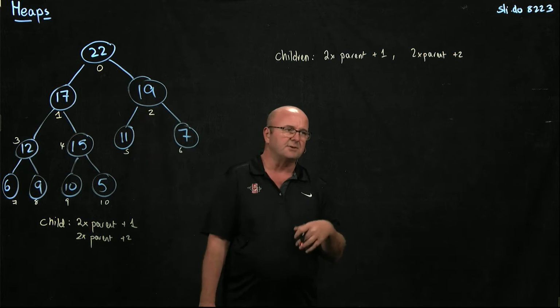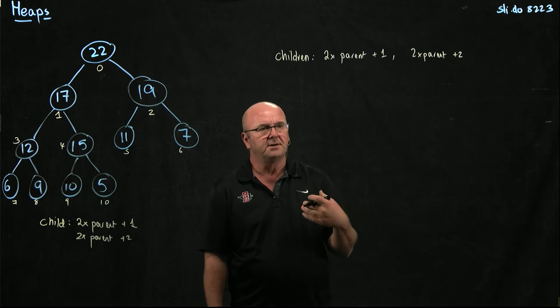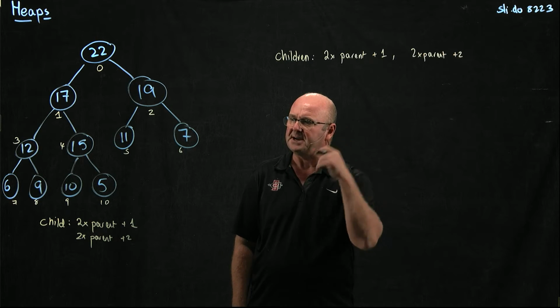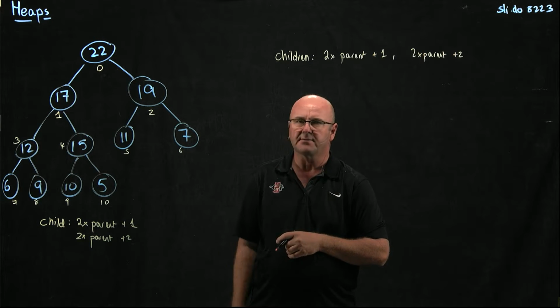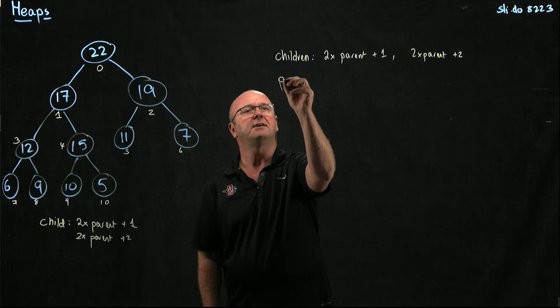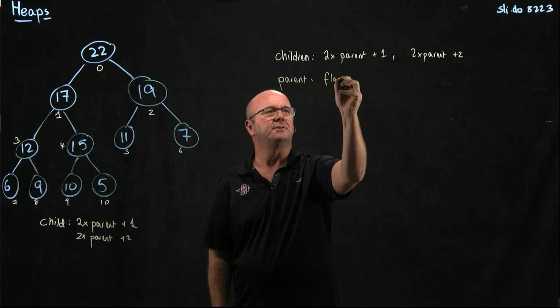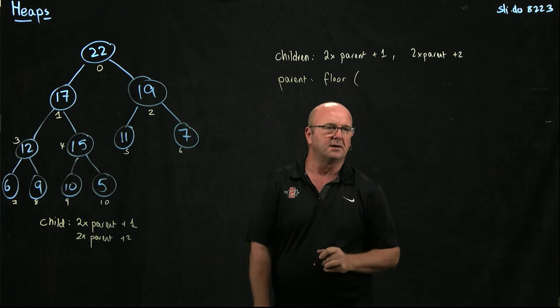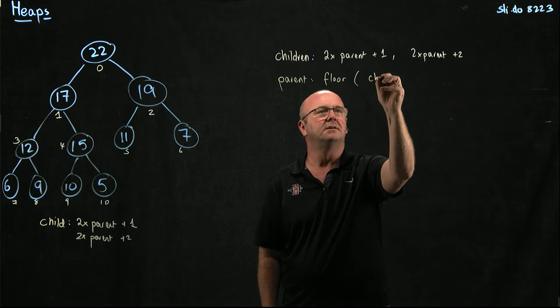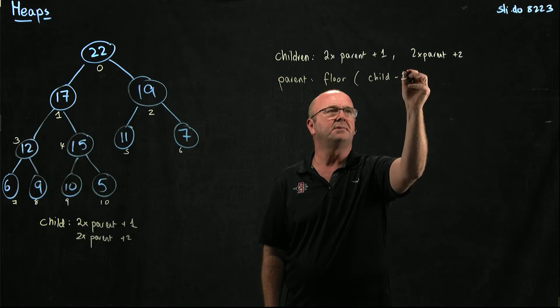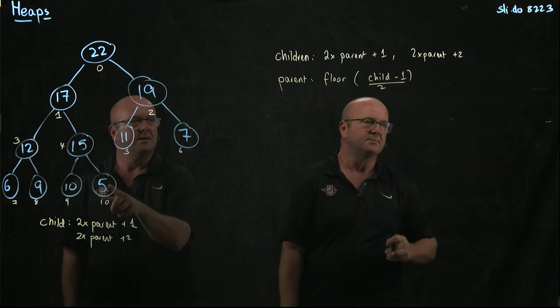And of course, we can also go from one of the children back up to its parent. And so the parent is the floor of the child minus 1 divided by 2.